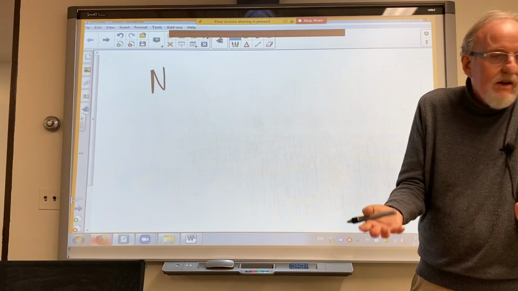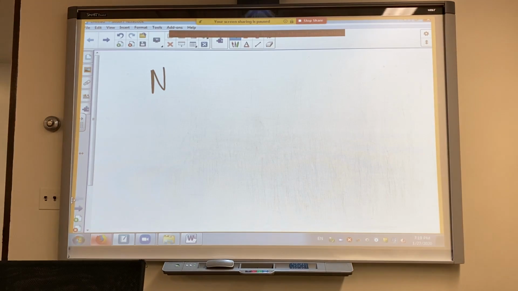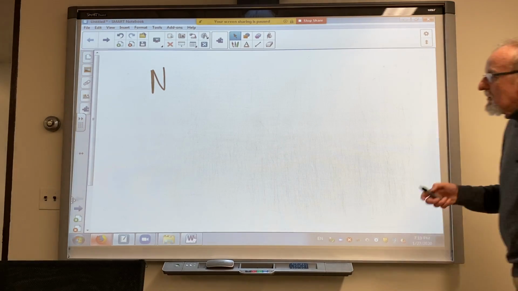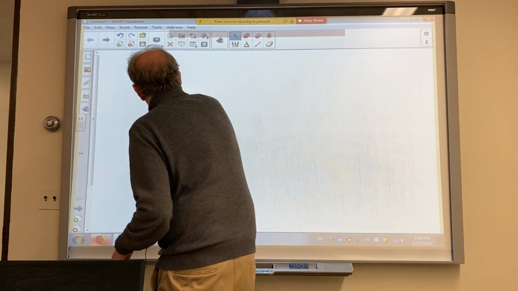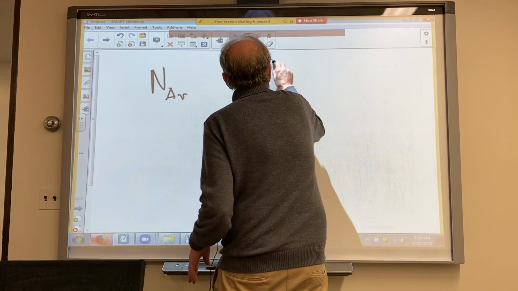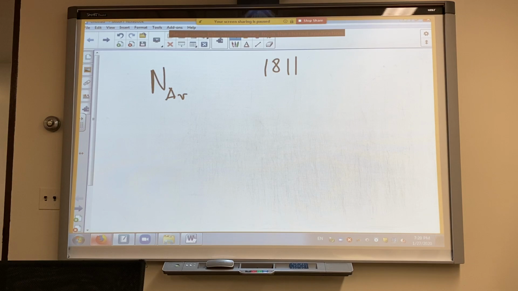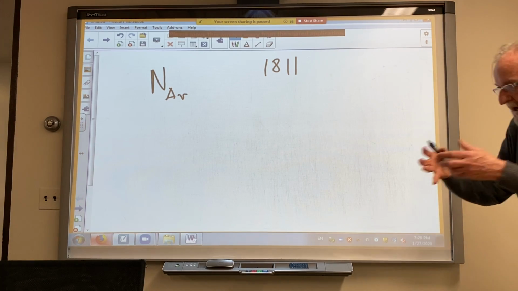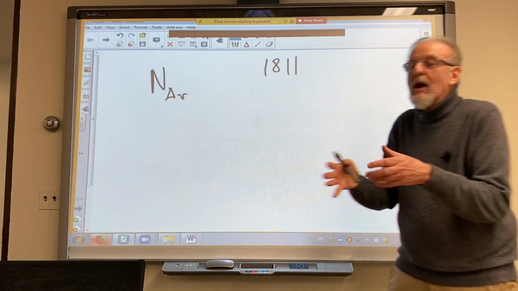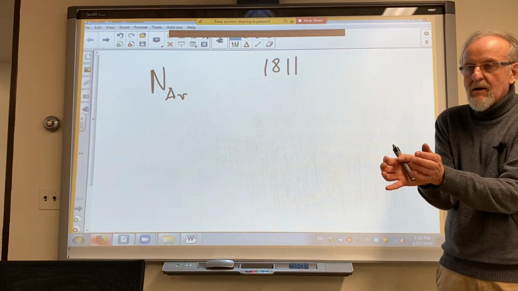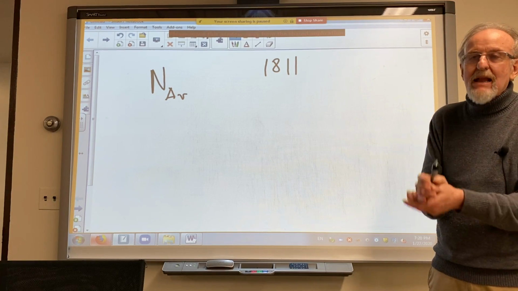So when you have a system, I don't know, the size that can fit in this box, normally you have pretty much Avogadro's number of molecules. That requires an explanation. Around 1811, there was a chemist called Amedeo Avogadro who came up with the idea that equal volumes, or equal masses, of matter would have the same number of molecules.